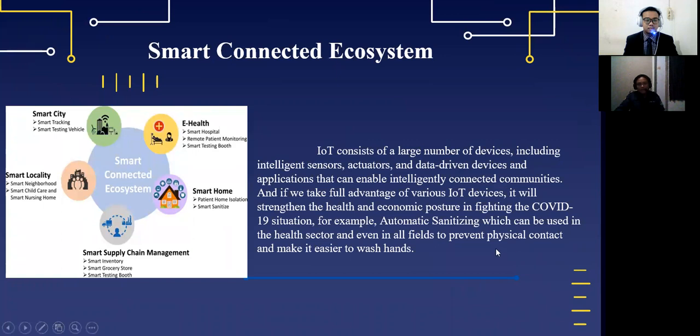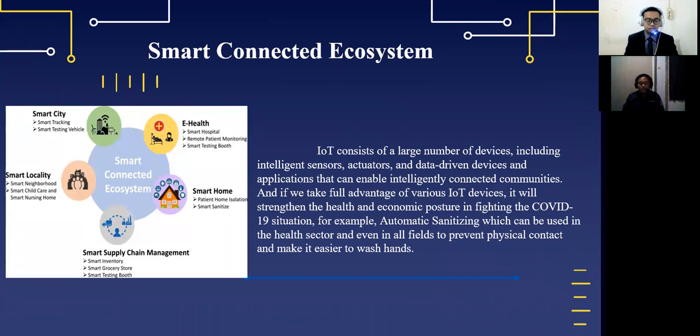And this is the smart connected ecosystem. IoT consists of a large number of devices, including intelligent sensors, actuators, and data-driven devices and applications that can enable intelligently connected communities.